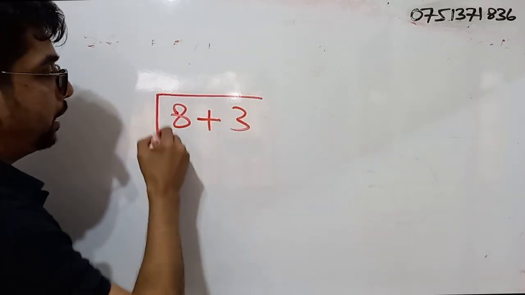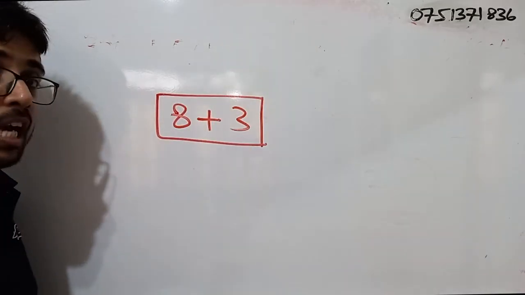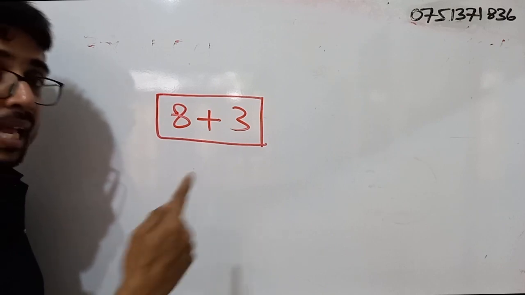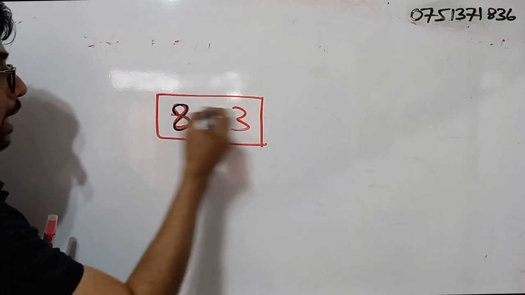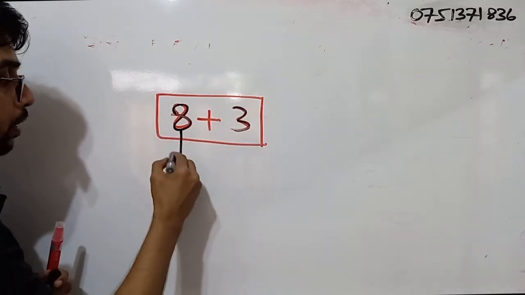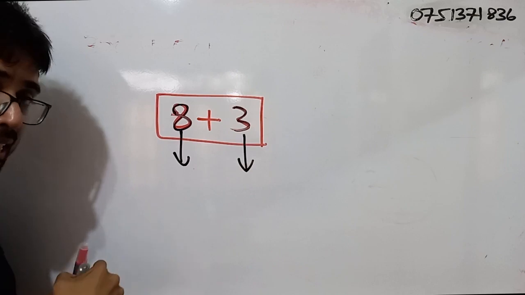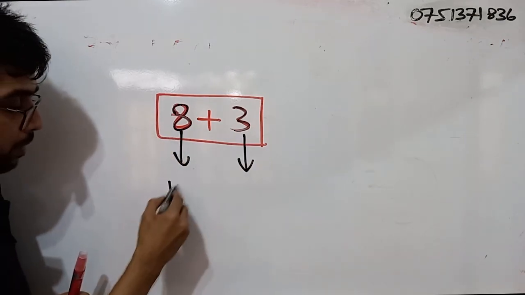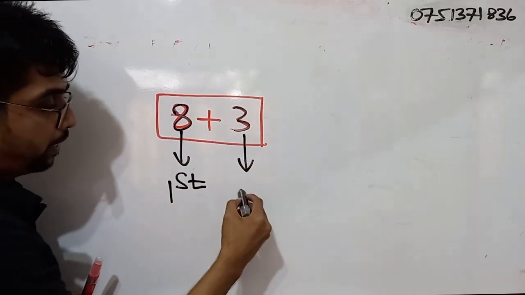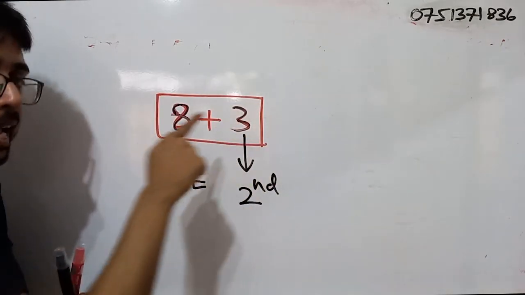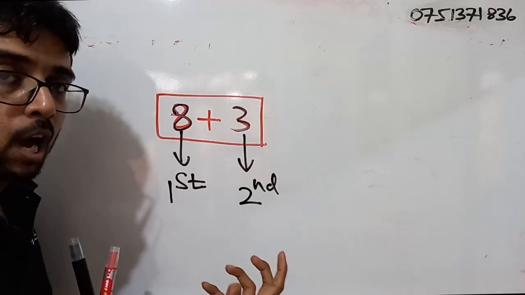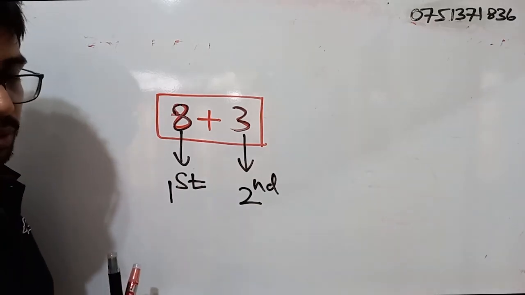And another thing, so I have written 8 plus 3, right? So this entire thing is what? A numerical expression. In a numerical expression also, 8 and 3, those are what? Those are terms, right? So 8 will be the first term, 3 will be the second term. So this entire expression is made up of how many terms? 2, right?